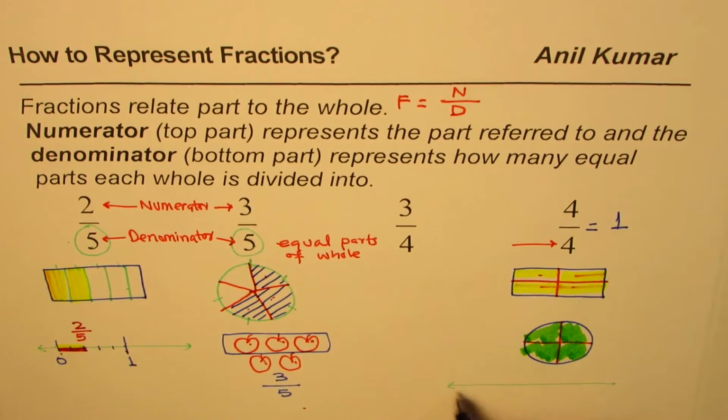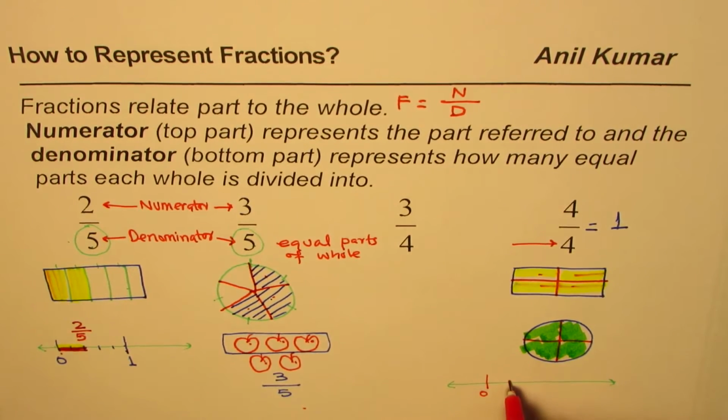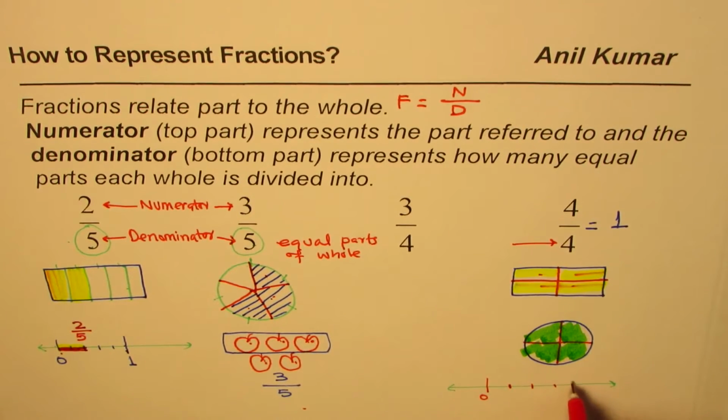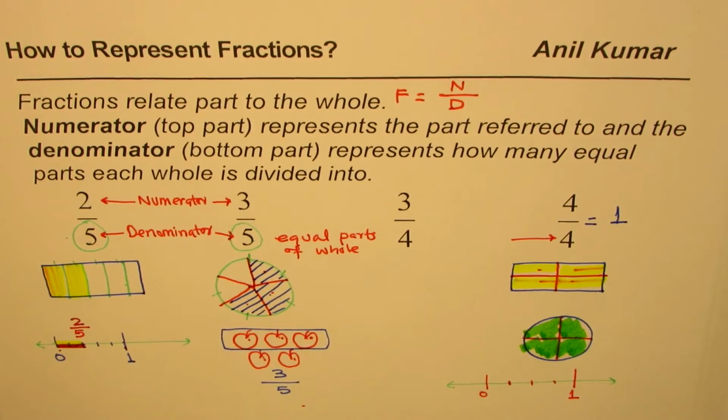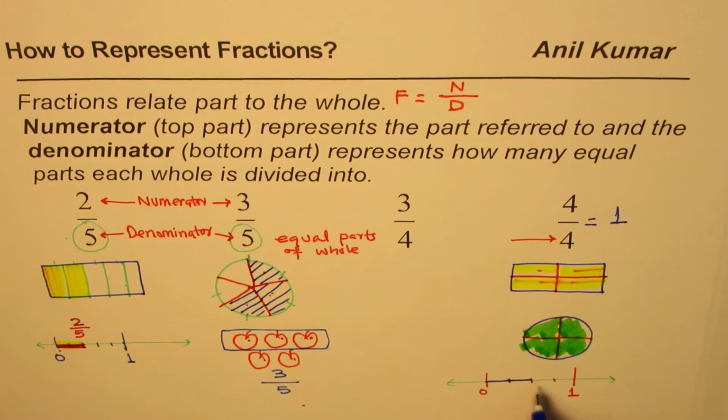In case of a number line also, we could have numbers starting with 0. Let's say this is 1 part, 2 part, 3 part, and this is the 4. So 1 is divided into 4 equal parts, and in case we select 4, that means 1, 2, 3, 4. Where do we reach?